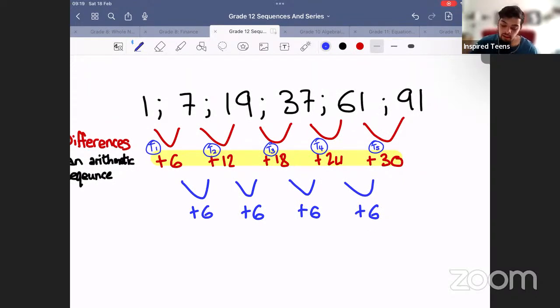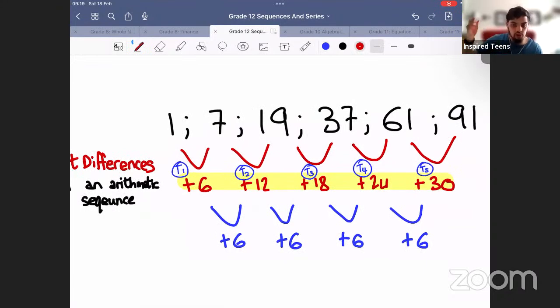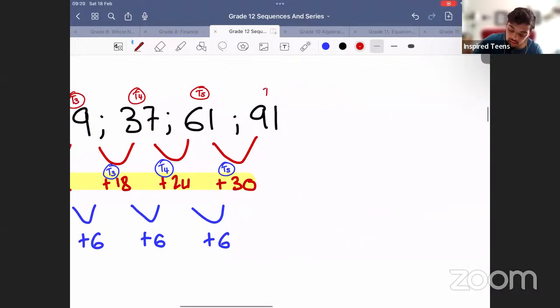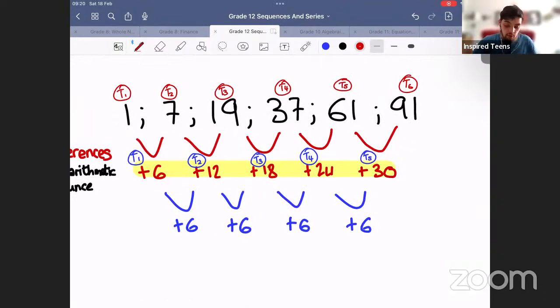Now, let us look at my quadratic and write down which term I have of each one as well. I have T1, T2, T3, T4, T5, T6.